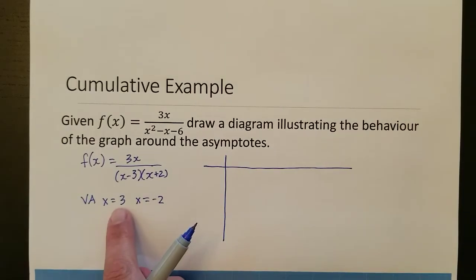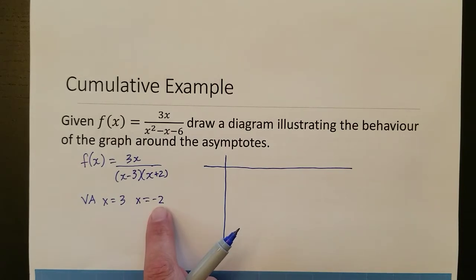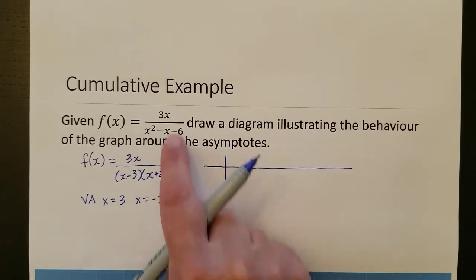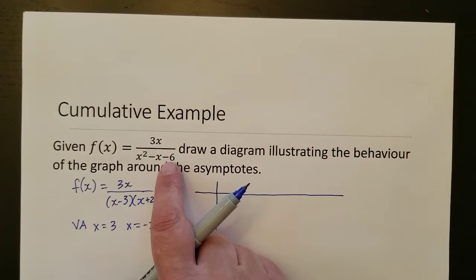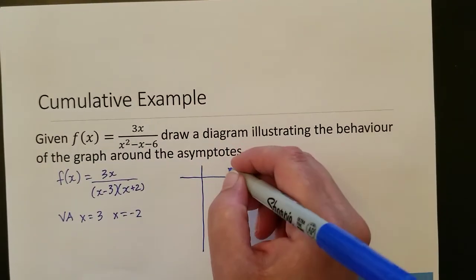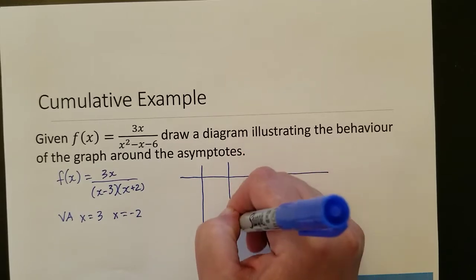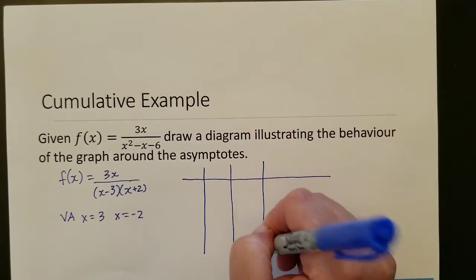So you could test like 2.99, 3.01, -2.01, and -1.99, and test those in the original function. That's just kind of a lot of typing stuff into calculators. If you prefer that though, absolutely that's fine.